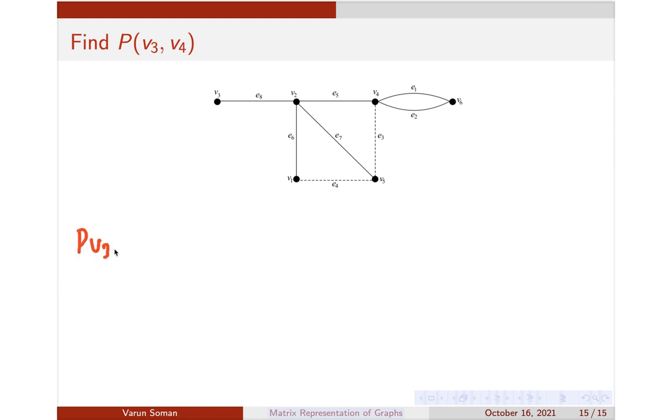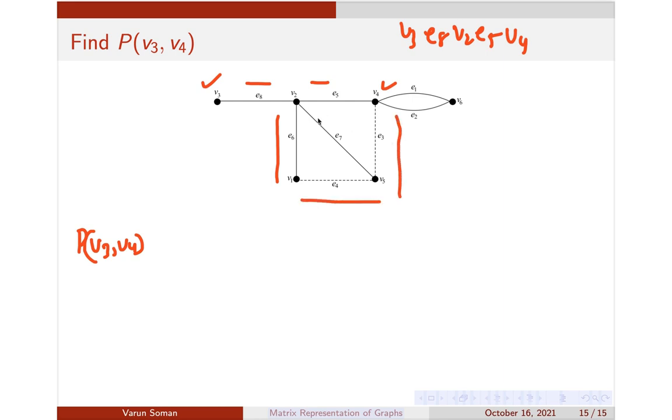Just write down the paths first of all. What are the paths? This is your V3, this is your V4. How will you write down the paths here? One path is V3, E8, V2, E5, V4. That is this one, this one, this one. Next path, we can come through here, go here, and come.